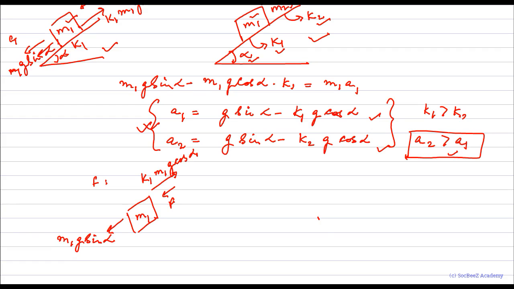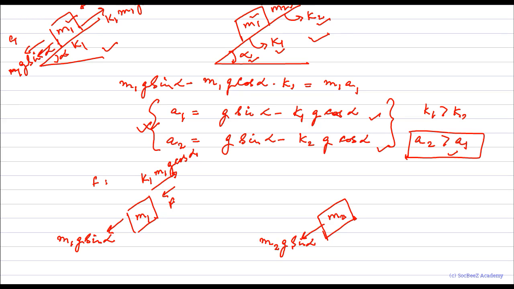Similar would be the FBD for mass m2. Okay, its weight component is going to act down the incline, whose magnitude would be m2 into g sine of alpha.